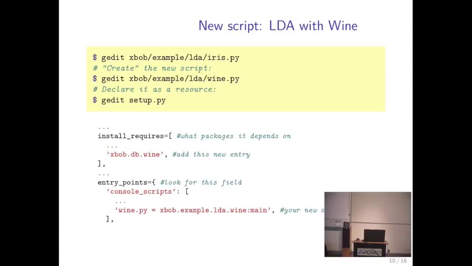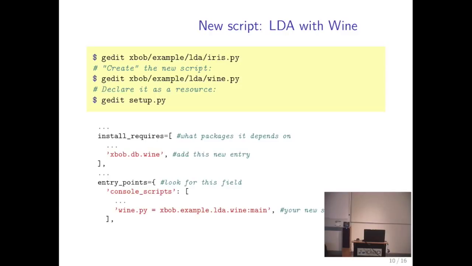And because we just created the wine example there, we're going to declare and say that our package now not only has the iris script, but also has the wine script that runs the LDA algorithm on the wine database. So let's create this other entry there, identify where the section entry point is, and add this line here on it with a comma in the end.